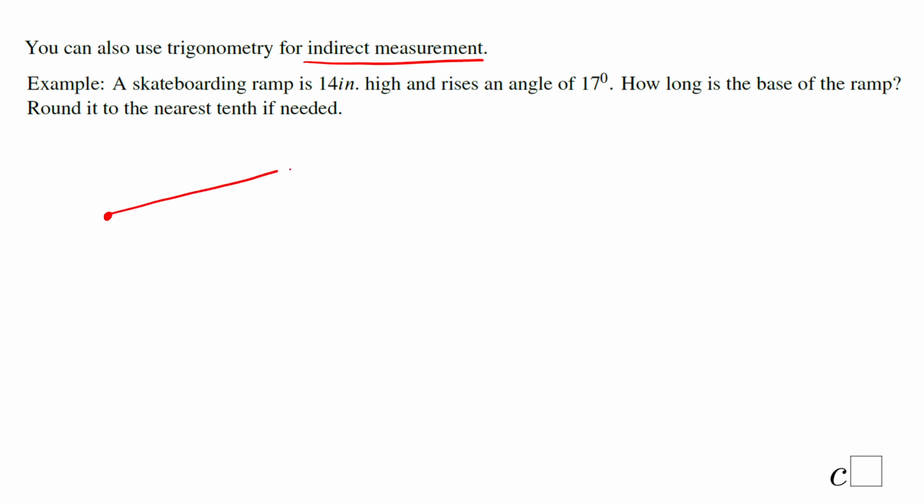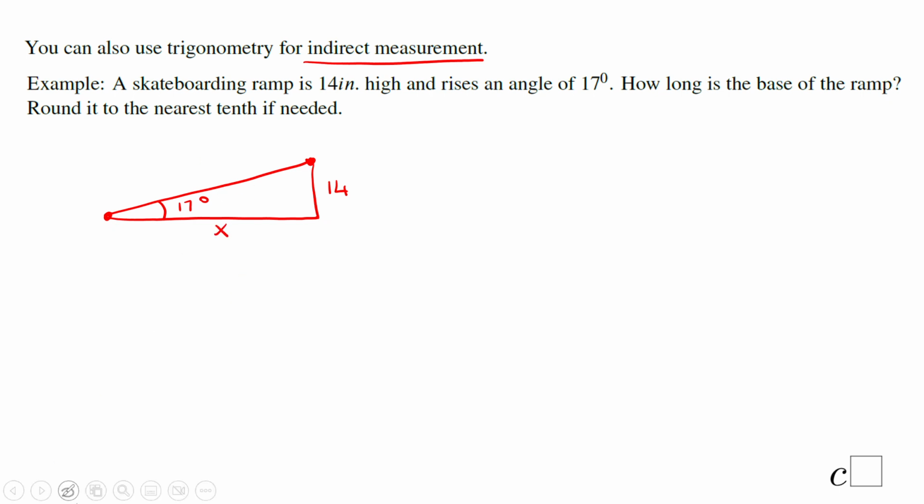This is the skateboard ramp, which is 14 inches high. It rises at a 17 degree angle, and we need to find how long is the base of the ramp. I will say this x here, the base of the ramp.